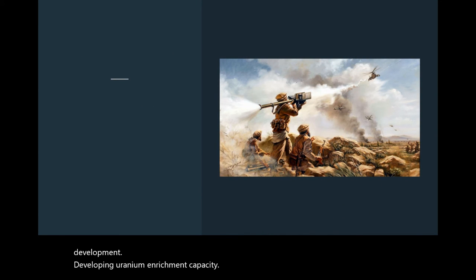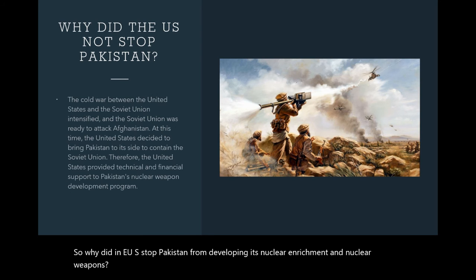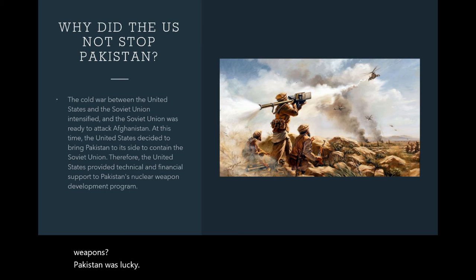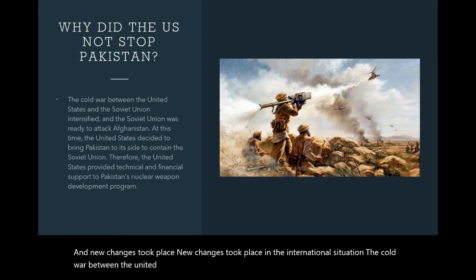So why didn't the US stop Pakistan from developing its nuclear enrichment and nuclear weapons? Pakistan was lucky, and new changes took place in the international situation. The Cold War between the United States and the Soviet Union intensified, and the Soviet Union was ready to attack Afghanistan.